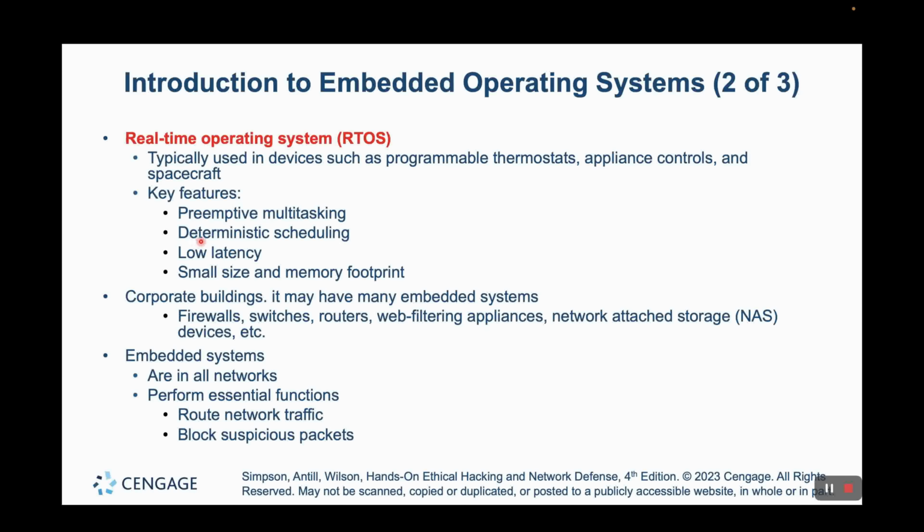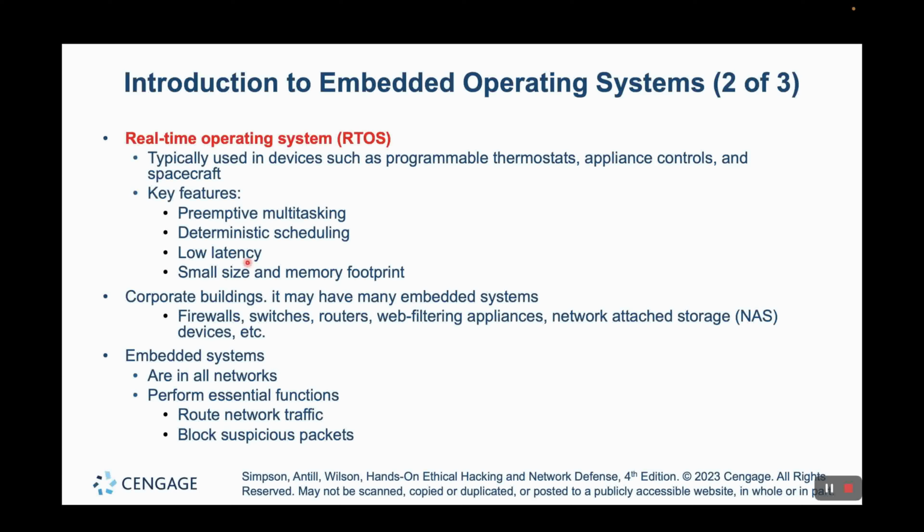This ensures that all tasks are completed within the time constraints or deadlines, even if the system is overloaded. Deterministic scheduling means that the RTOS can guarantee that a task will be executed within a certain amount of time. This is important for real-time applications where the output must be produced within a specific time.